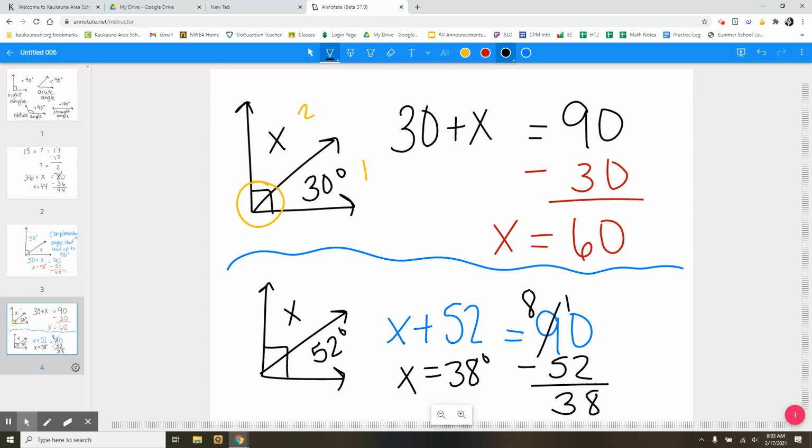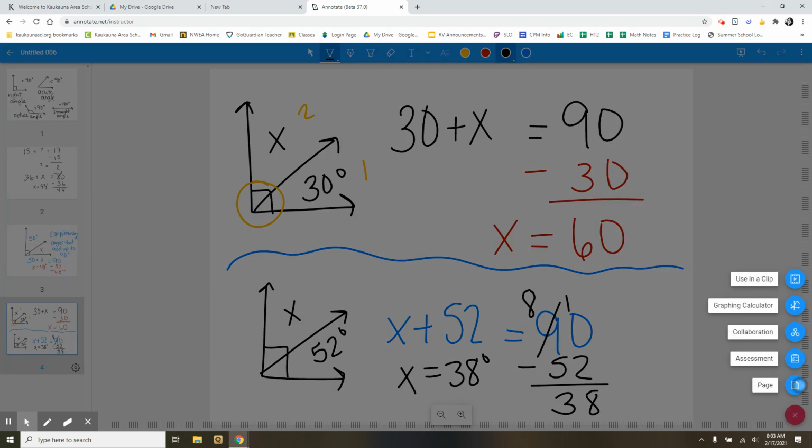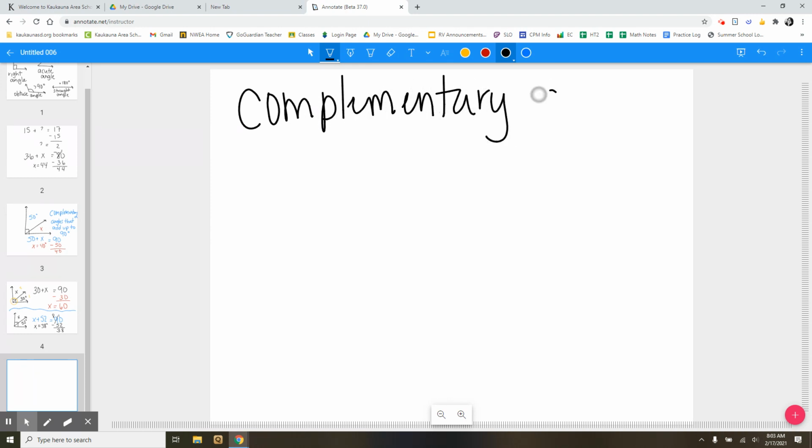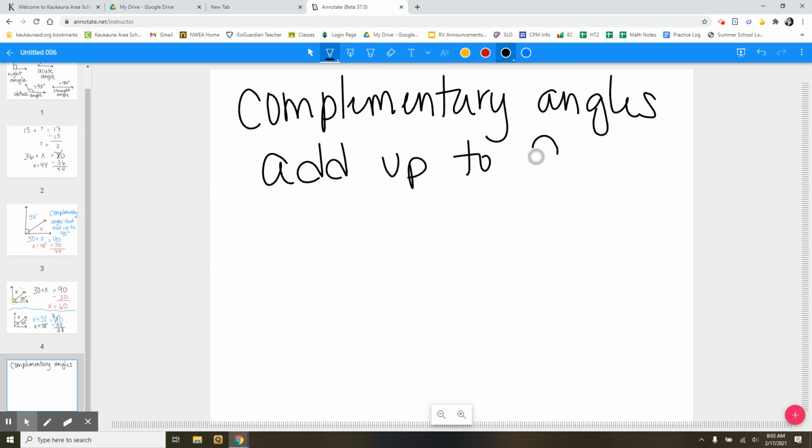We can also look at the information without having a picture. What do I mean by without having a picture? Again, complementary angles add up to 90 degrees.